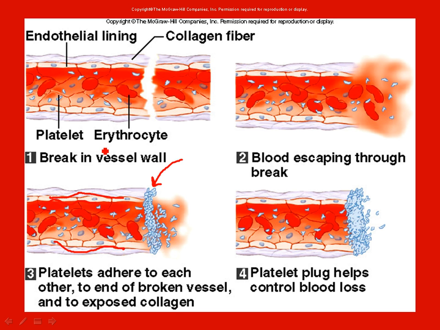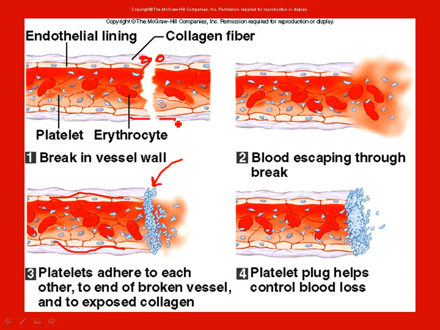But if you have a broken blood vessel, now they're going to come into contact with this material outside, which is collagen. This is basically connective tissue. When they come into contact with connective tissue, that's the stimulus that, hey, there's something wrong here. I'm not normally supposed to see that, okay? And so they will actually stick to or adhere to the collagen and start to form this platelet plug.